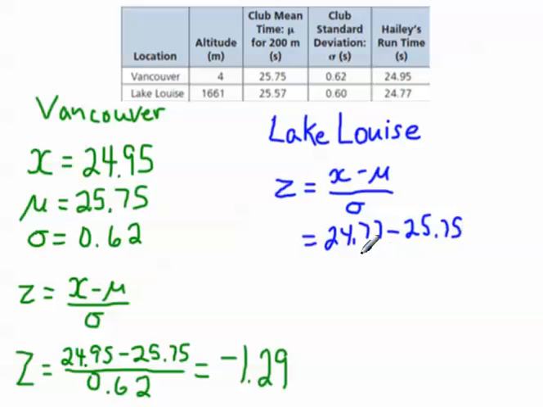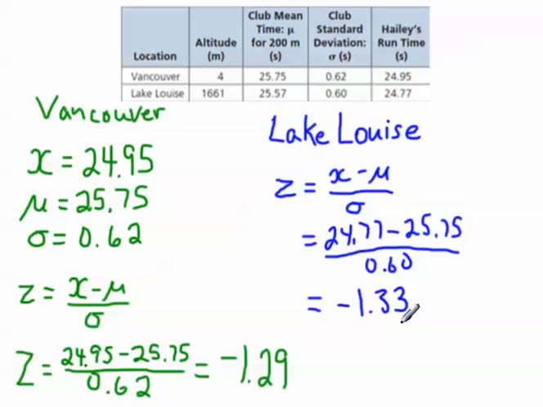So again, her time is faster than the average. Less time means she was faster. And we divide that by 0.60 to give us our z-score. When I do this one, I get negative 1.33.